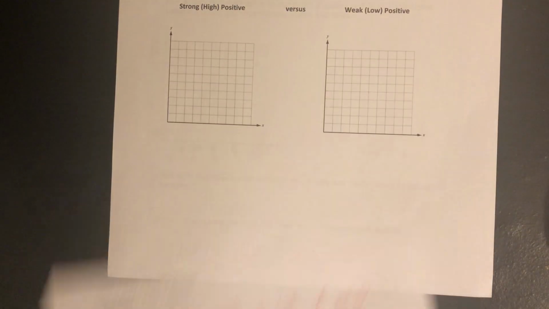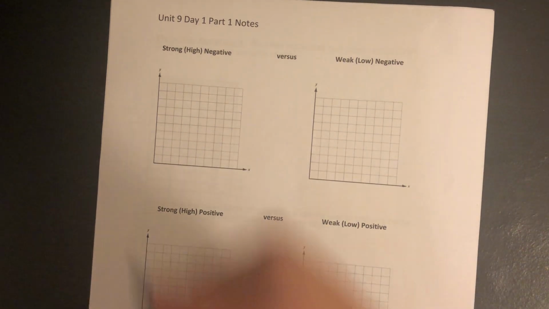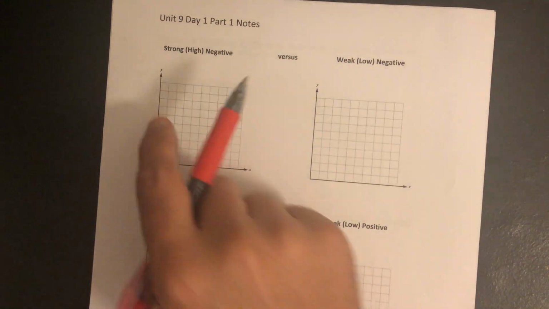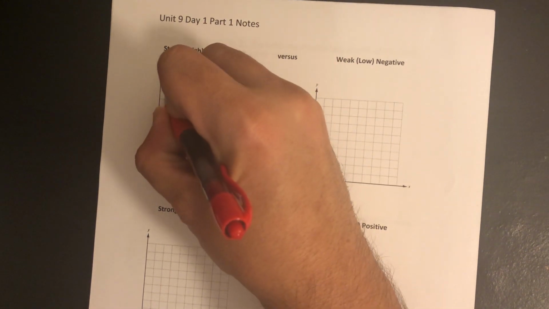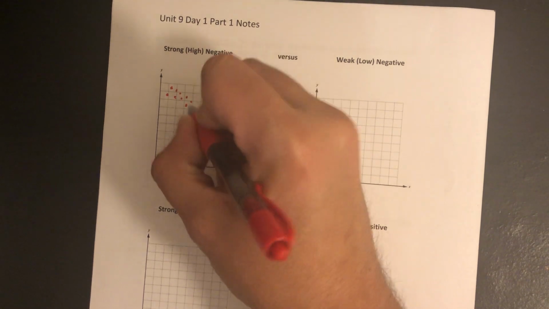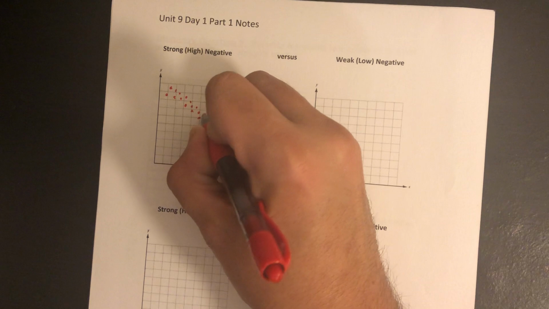Okay, let's move on. The next thing we're going to have is strong negative versus low negative, and then strong positive versus weak positive, and so on. A strong negative would basically mean that the scatter plot is decreasing, but the dots are really, really close to each other, very close to each other, so that they almost make that perfect straight line.